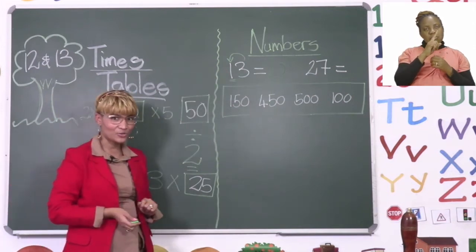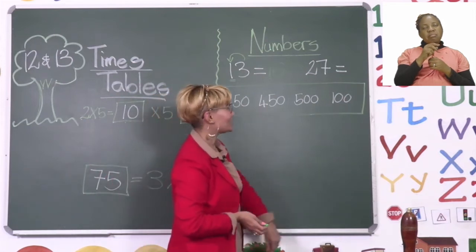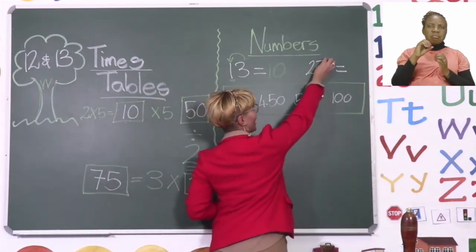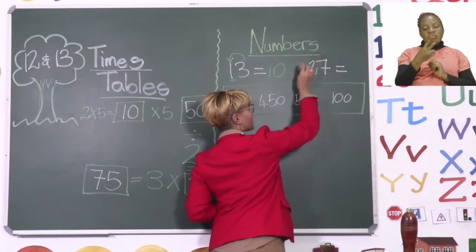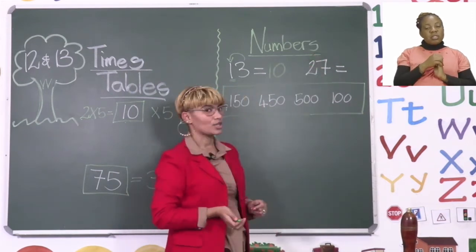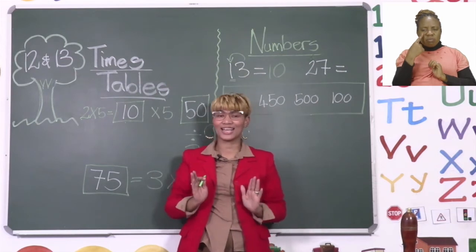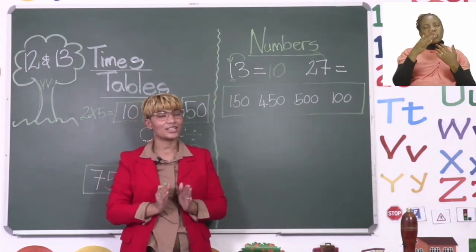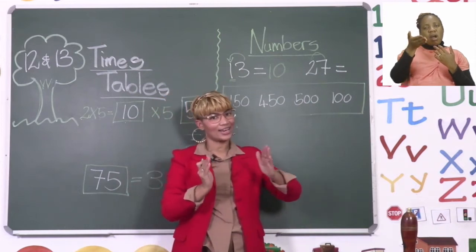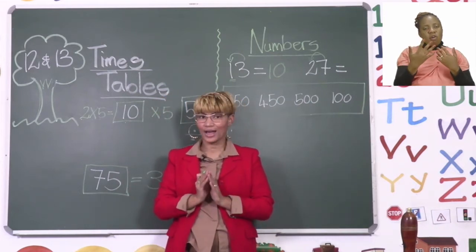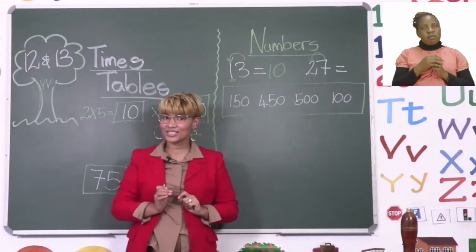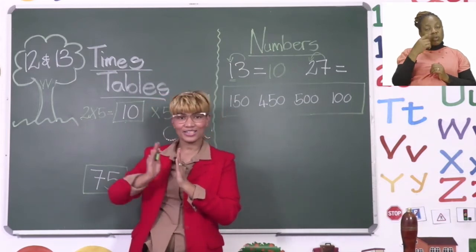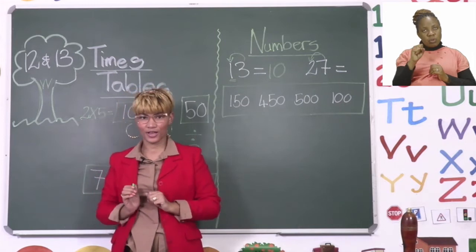Let's try the number 27. We have to round off 27 to the nearest 10. Remember, our tens stay the same if our units are 4 and less than 4, but it increases if our units are 5 and more than 5.